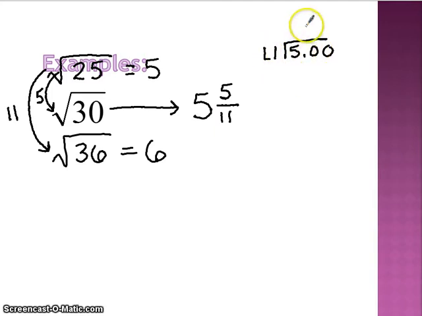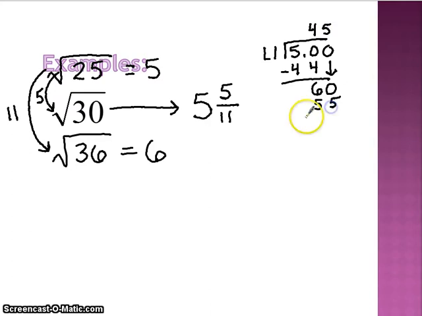11 will go into 50 4 times, which is 44. There's 6 left over. Bring down the 0. 11 will go into 60 5 times, which is 55. There's 5 left over.